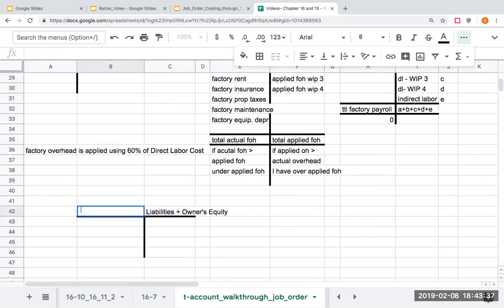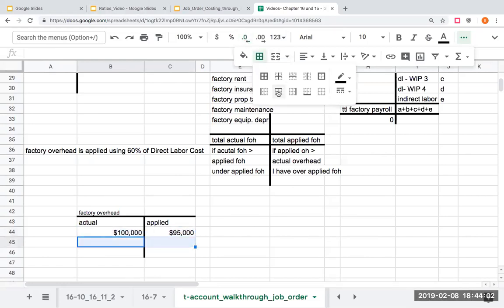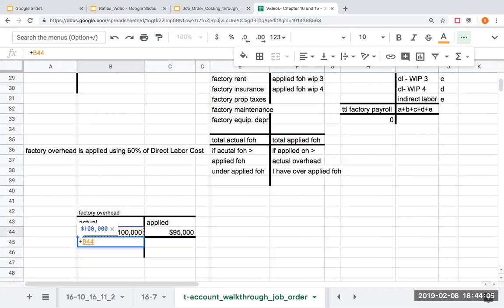If I have a factory overhead account, and my actual factory overhead, say, was 100,000 and my applied was 95,000, then my ending balance in my factory overhead account is going to be $5,000. Here it is under applied because I should have applied 100,000, but I didn't apply enough.